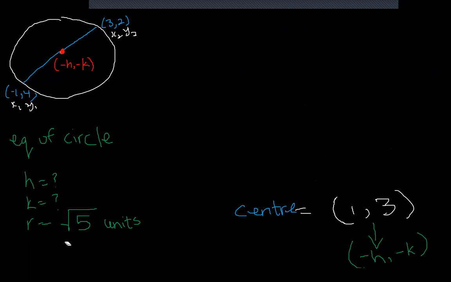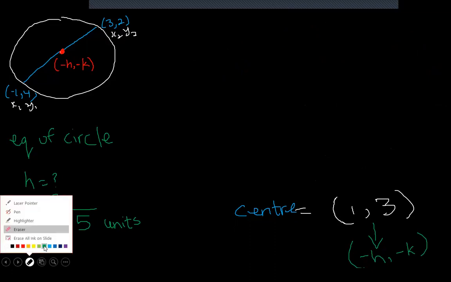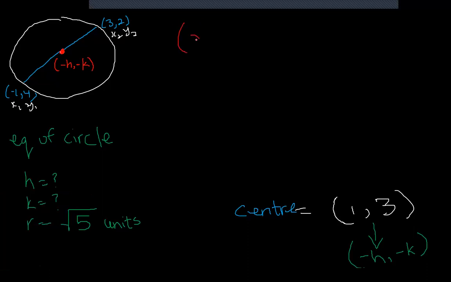You could write it in the general form or the standard form, but usually when they just refer to the equation of a circle, most likely they want it in standard form, but both would be correct actually, right? The standard form is this: x plus h squared plus y plus k squared is equal to r squared.